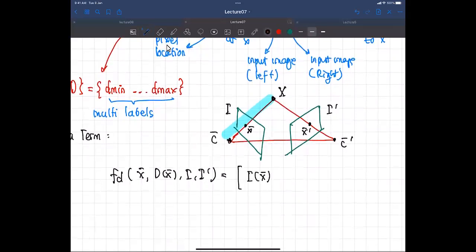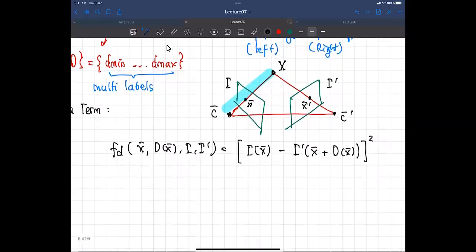Ix is the RGB value for that location X. So Ix is the RGB value, the pixel value for that location X on the left image, I. Minus I prime X bar plus D X bar, squared.